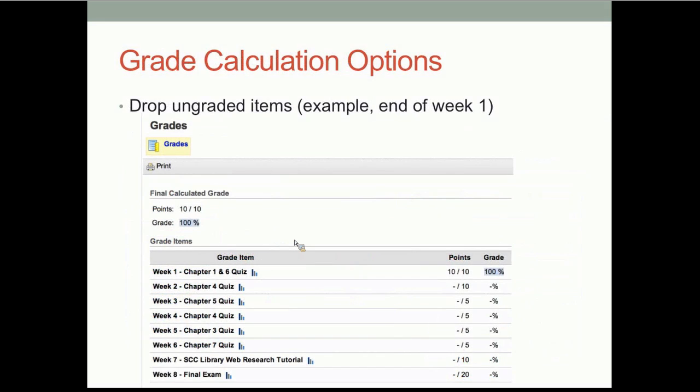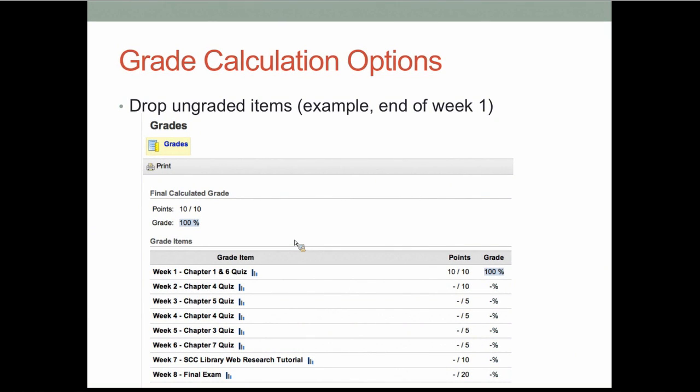So if you were to drop ungraded items, here's an example from a course, which we'll be rebuilding here in a minute. A student who has completed, it's the end of week 1, they've completed the week 1 quiz, and they got a 10 out of 10 on the quiz. So at this point, effectively they have 100% score of all the points available in the class.